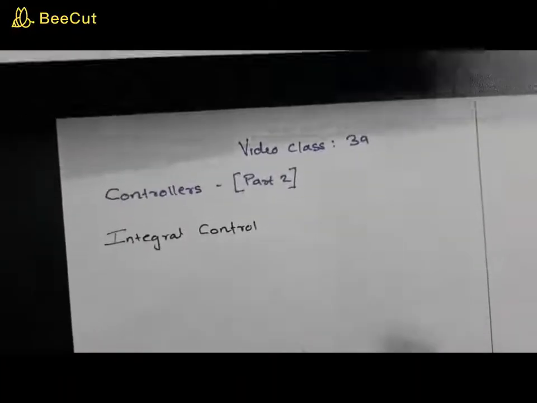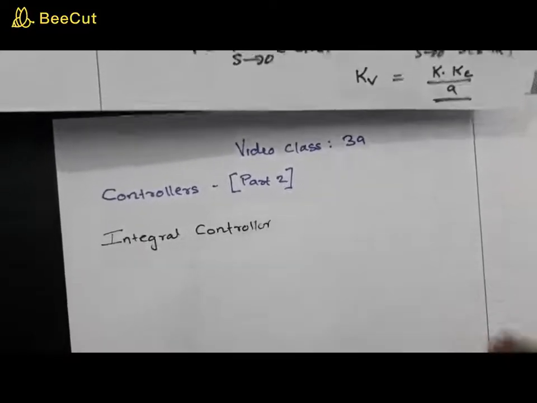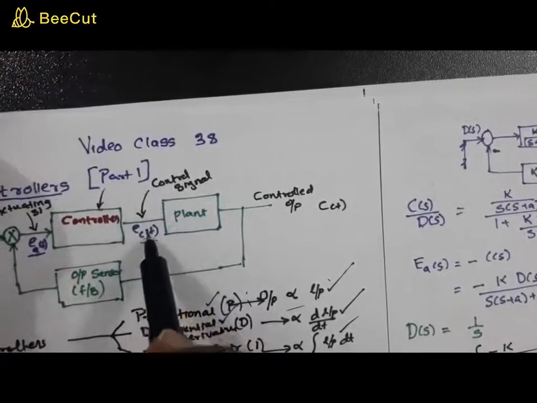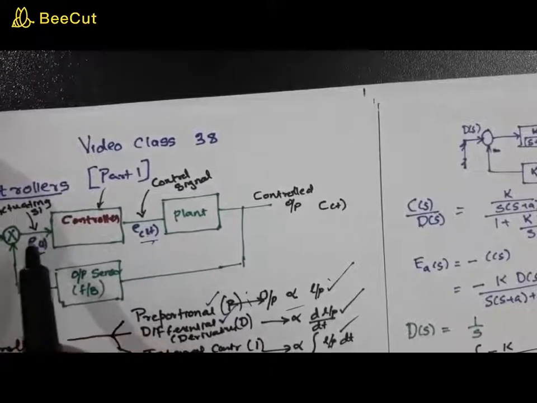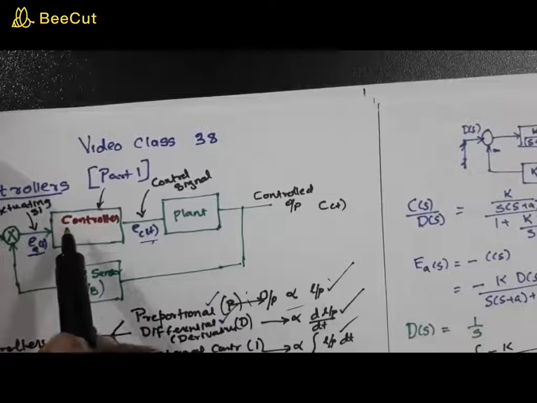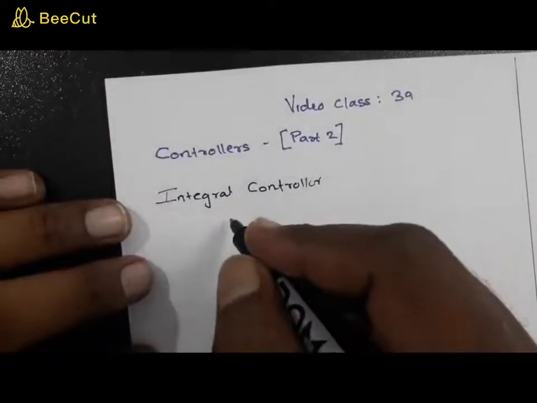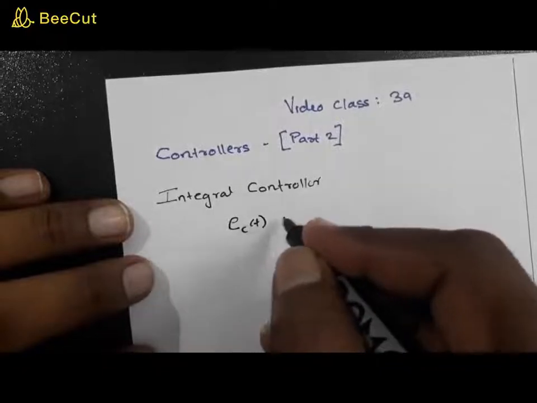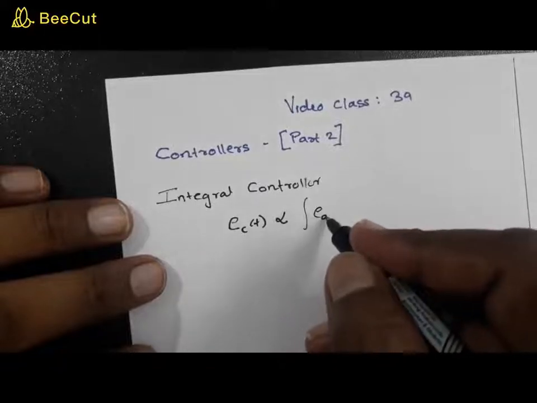Now, what is the specialty of this integral controller? The control signal that it provides is not proportional to the input, or to the derivative of the input; it is proportional to the integral of the input. So for an integral controller, the control signal EC of t is proportional to the integral of the actuating signal.